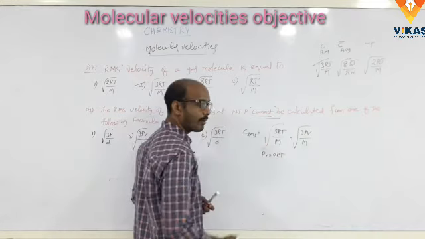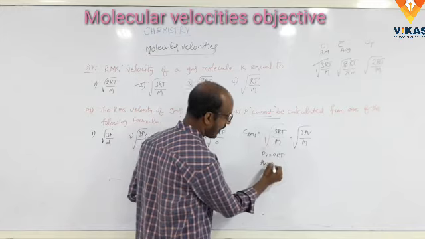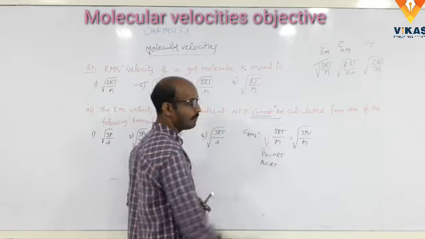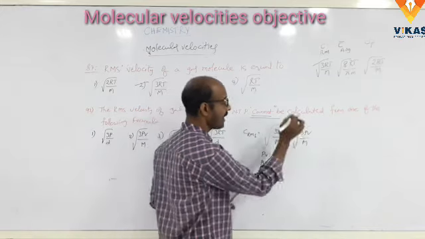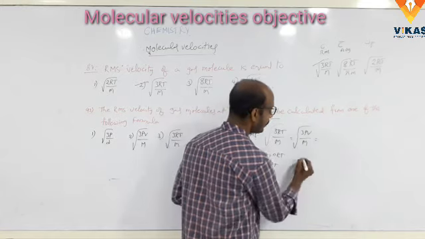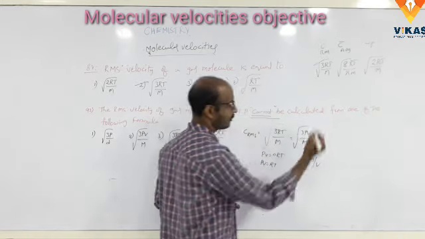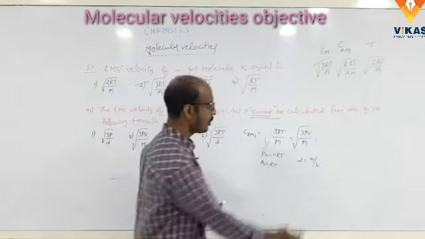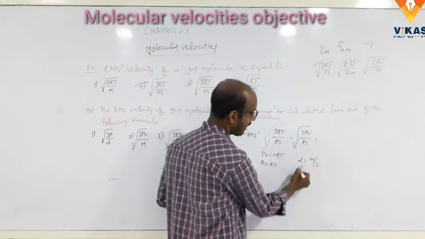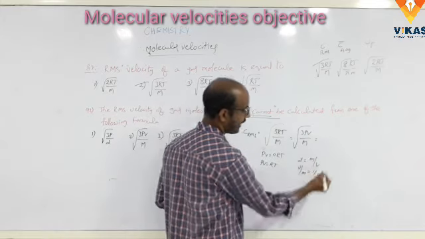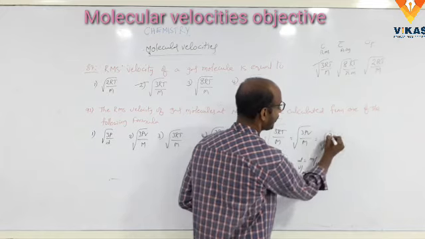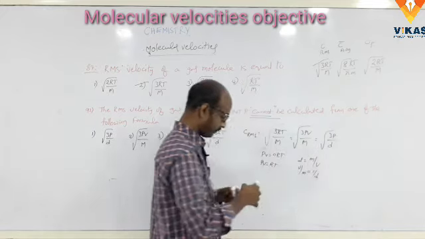For 1 mole of the gas, PV is equal to RT. So RT is replaced by PV, giving under square root of 3pV by M. We know density is mass by volume, so volume by mass is equal to 1 by D. So under square root of 3pV by D.